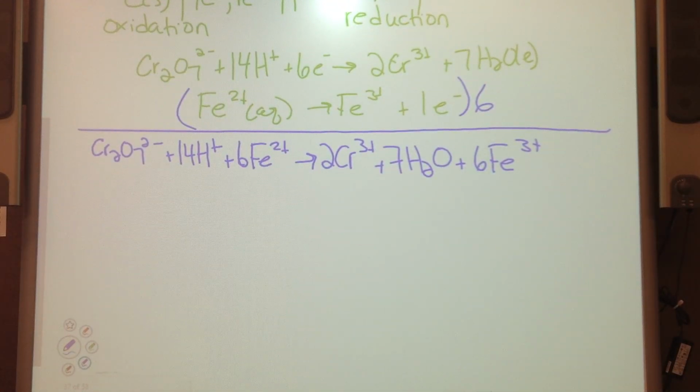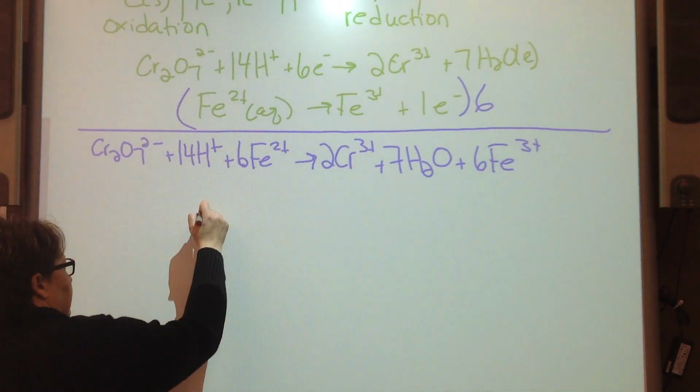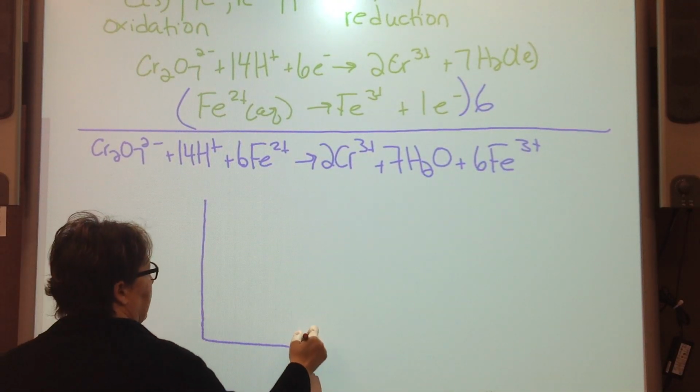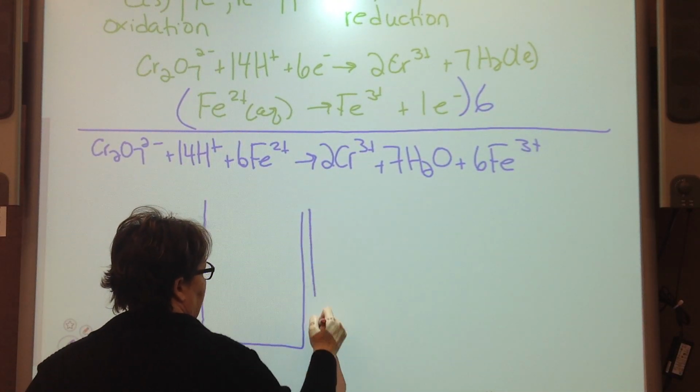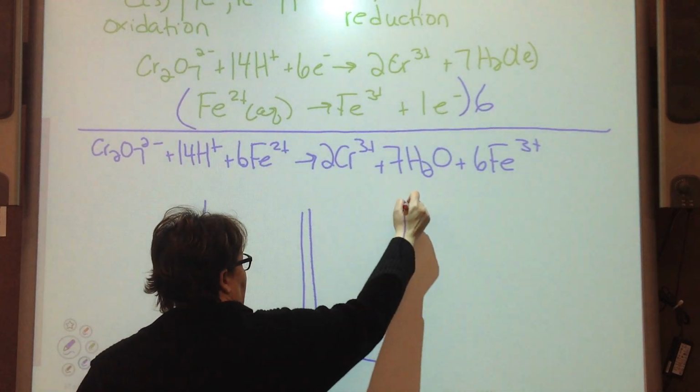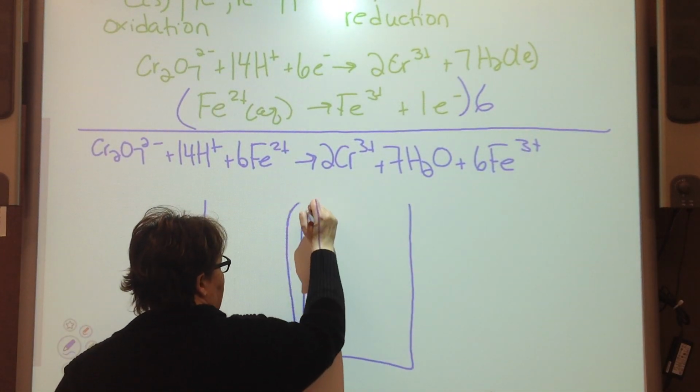Now part B says draw it. So it's spontaneous, so we need 2 separate beakers attached by a salt bridge.